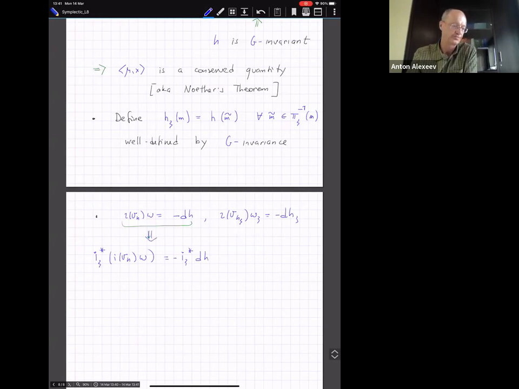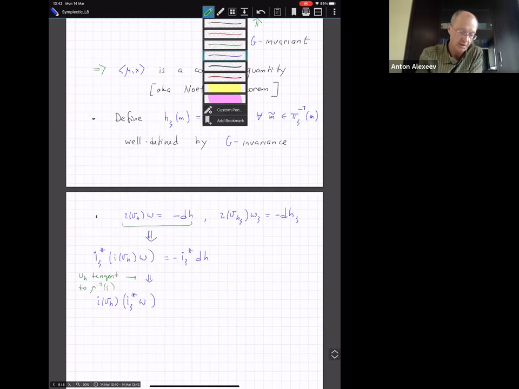Here we know already that VH is tangent to the fiber, so we can exchange VH and the restriction to the fiber, because VH is tangent to mu minus 1 of psi.